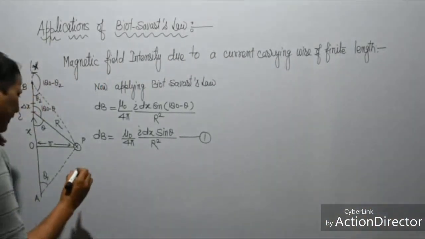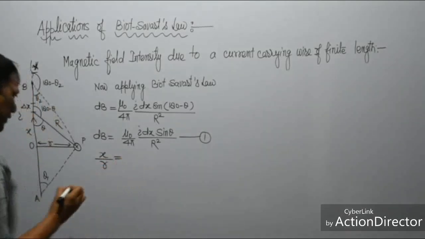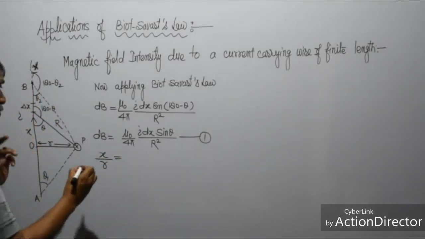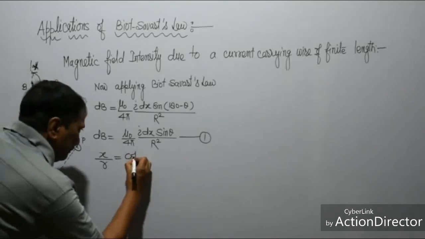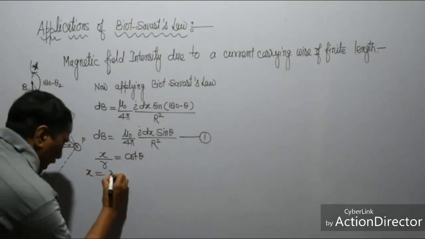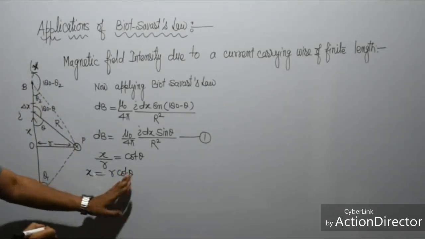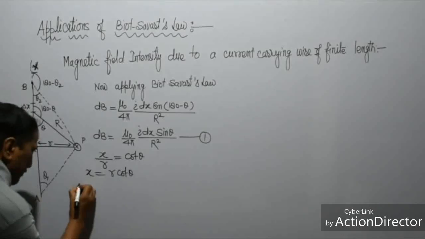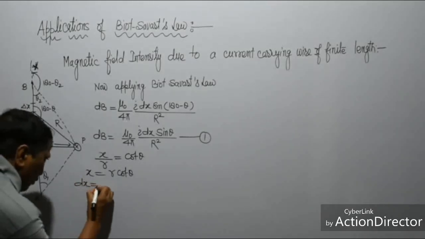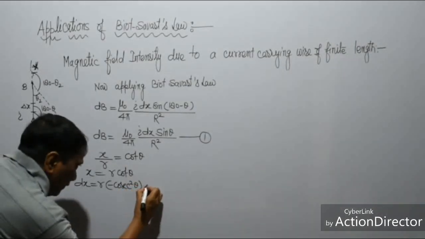So what we have here, x divided by small r is equal to cot theta. So x is equal to r cot theta. Now differentiating this equation, we have dx equal to r into minus cosec square theta d theta.